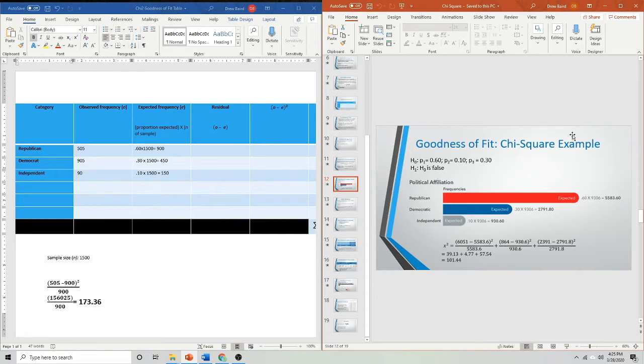And so we'll say we have a population in the American South, and we know that 60% or 0.60 are Republican, 30% or 0.30 are Democrat, and 10% or 0.10 are independent. And we'll say that's a population we know. We know that is the breakdown of political party affiliation in the American South. Now, that's our population.